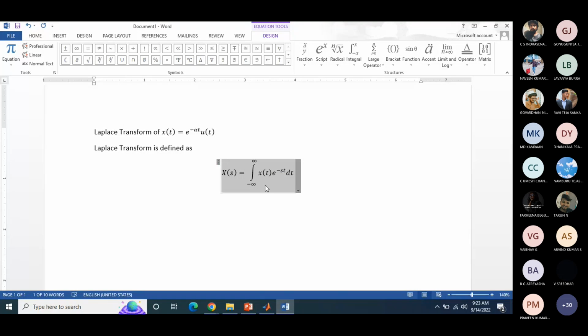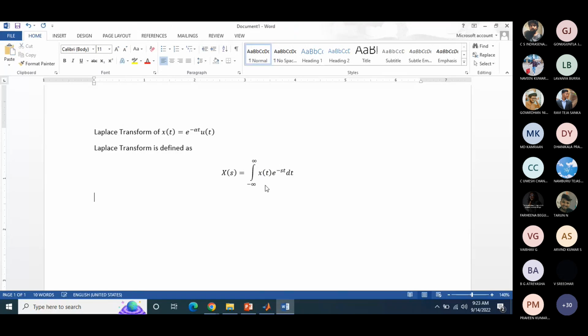So now what will I do? I will substitute for x of t. What is x of t? x of t is e power minus alpha t u of t, correct. So it will look like this. But what is the unit step signal? What is the definition of unit step signal?